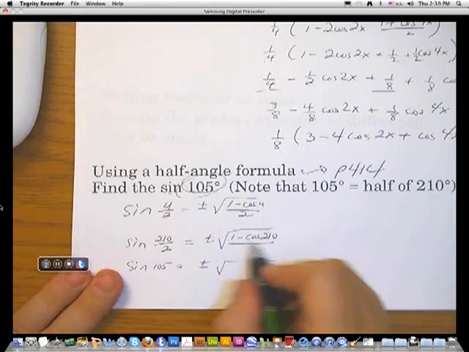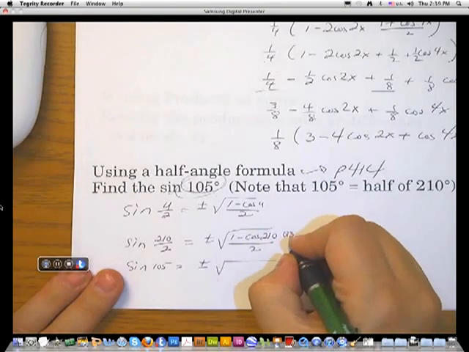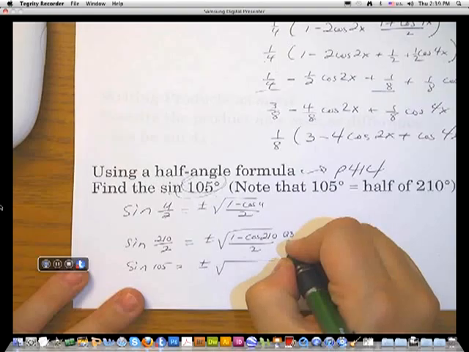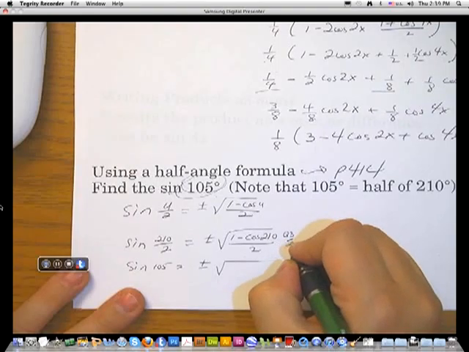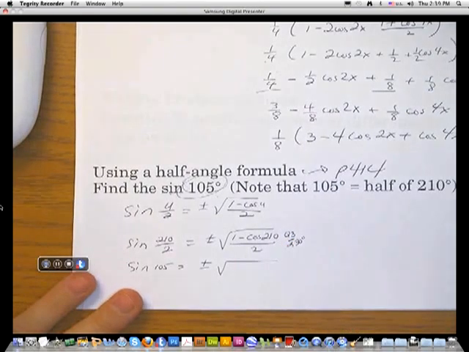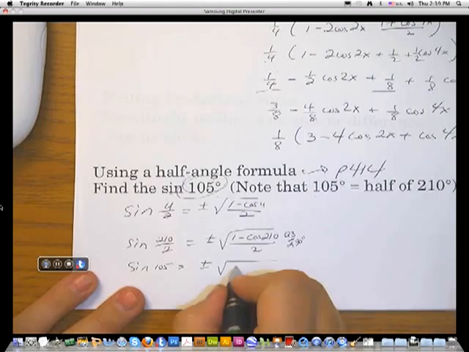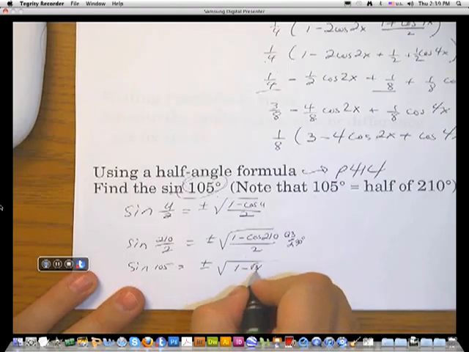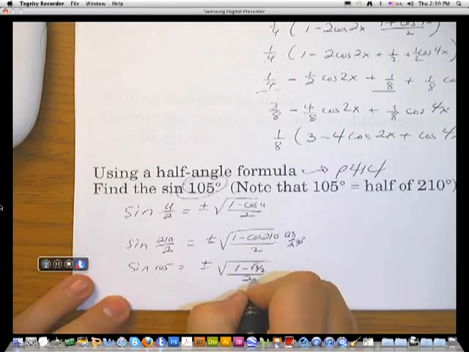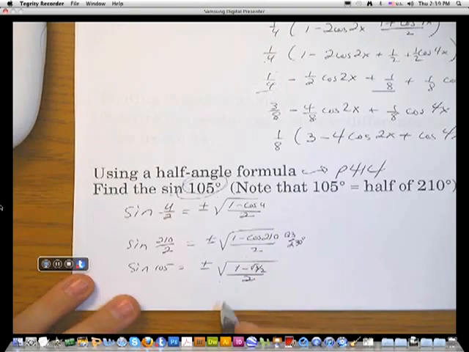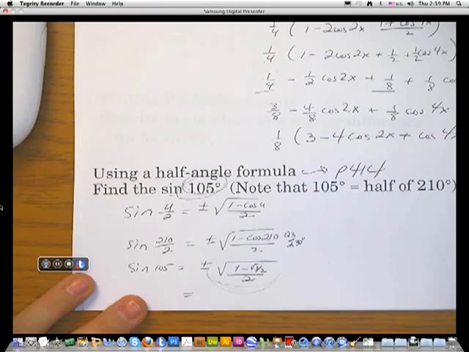Now cosine 210 is quadrant 3, which means it's negative, and it references 30 degrees. So that's 1 minus root 3 over 2. At this point, it's a matter of simplifying that problem.